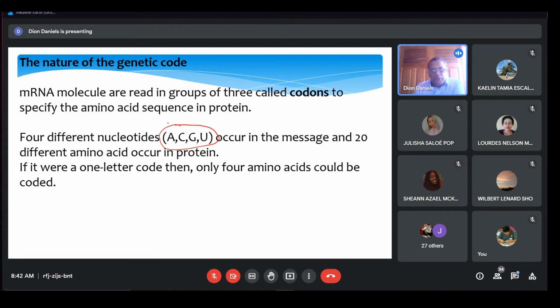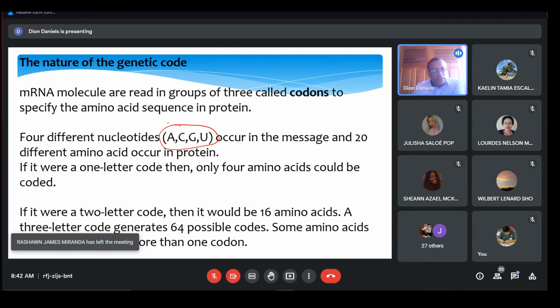If it were a 2-letter code, then it would be 16 amino acids. A 3-letter code, like what it is, would generate 64 possible codes. And we will take a look at these codes in just a while.